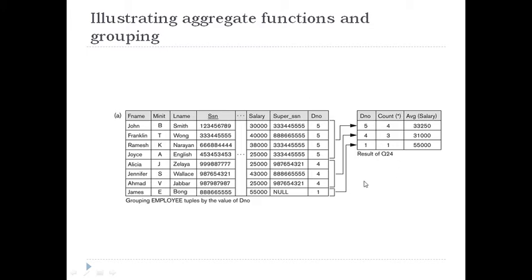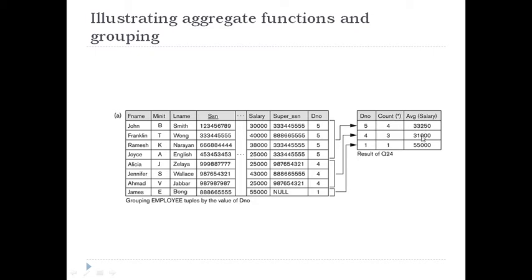So here the actual working of this grouping and aggregation is shown. First it will group the tuples according to the department number, and in this group it will find out how many employees are there. That means it will count the number of SSNs in the group. So 4 tuples are there, so count will be 4, and it will find out the average salary.